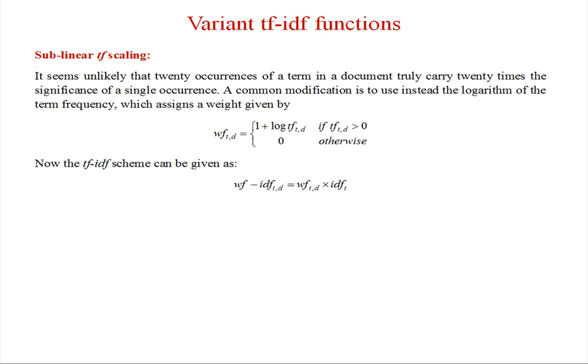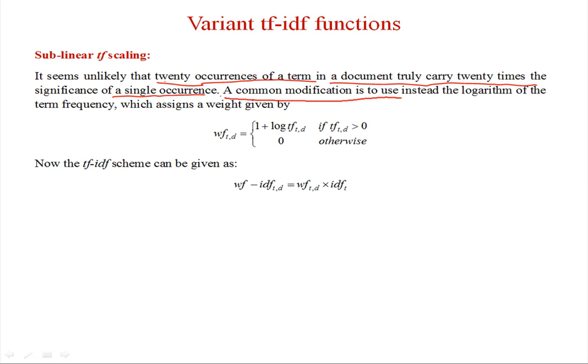Another variation of the TF-IDF function is the sublinear TF scaling. It seems unlikely that 20 occurrences of a term in a document truly carries 20 times the significance of a single occurrence.